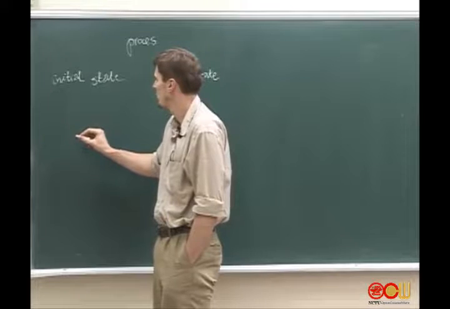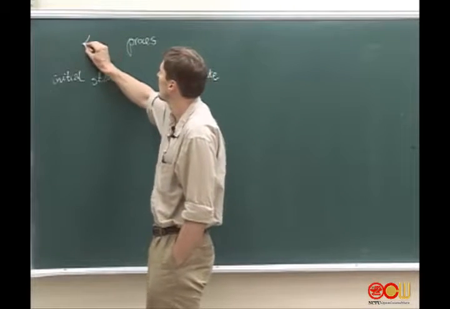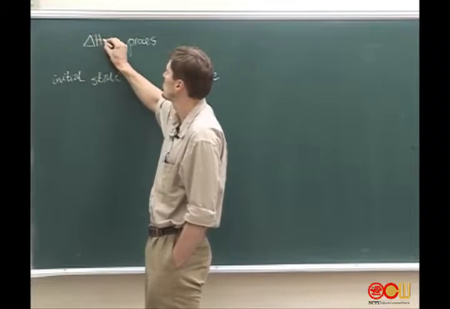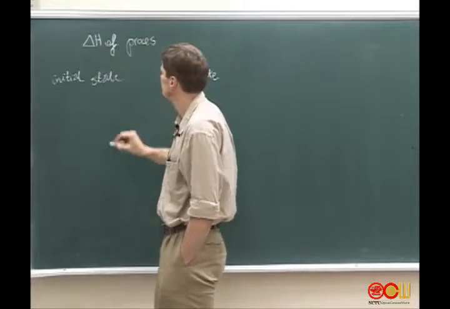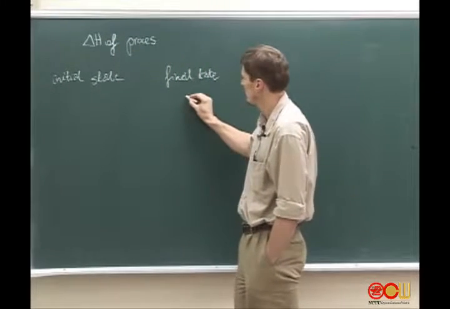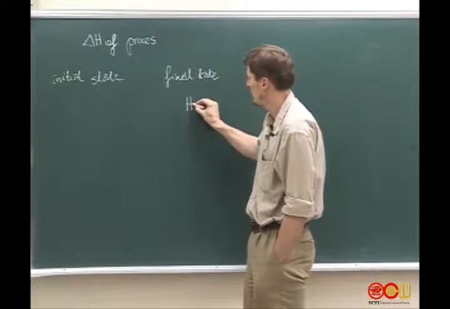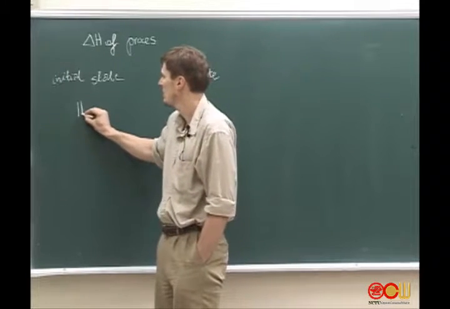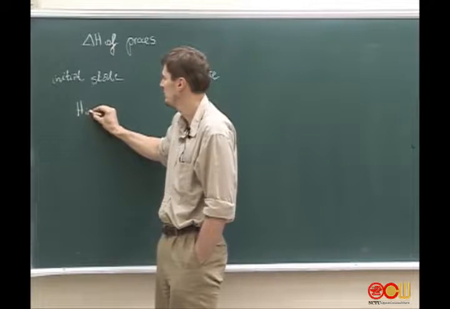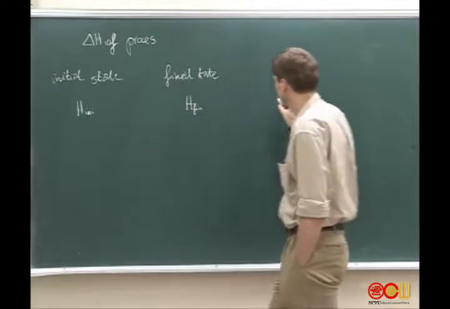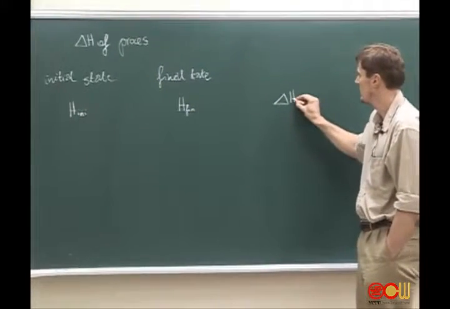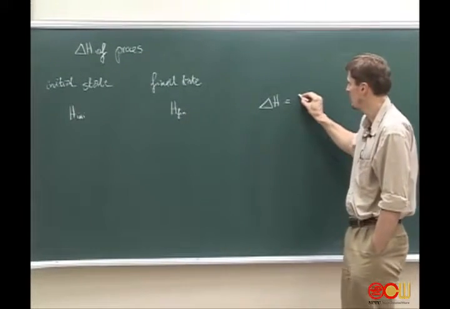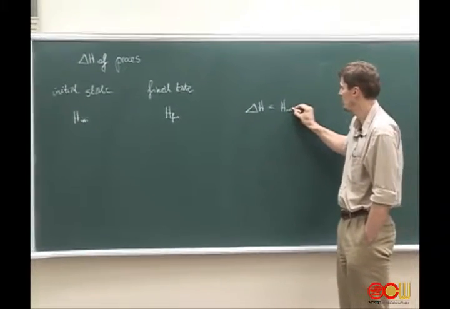And when we want to calculate the enthalpy change of this process, we just take the enthalpy of the final state and the enthalpy of the initial state, and we calculate the change of the enthalpy as a difference between these two things.